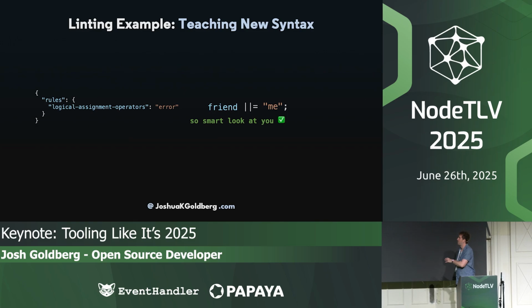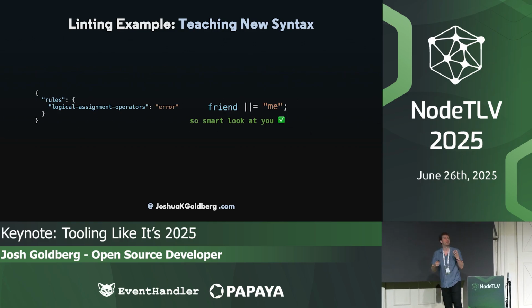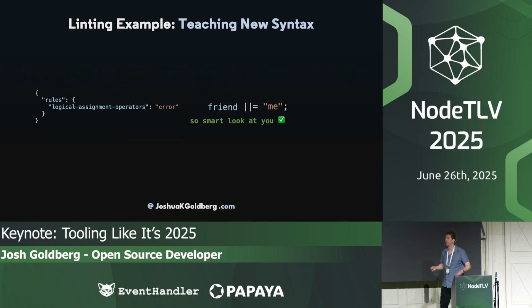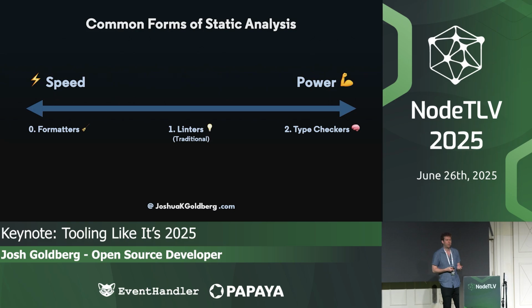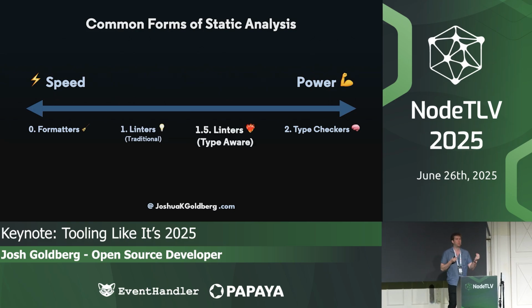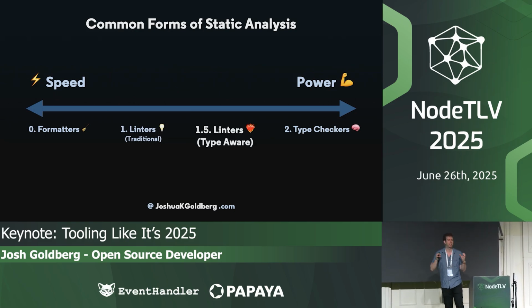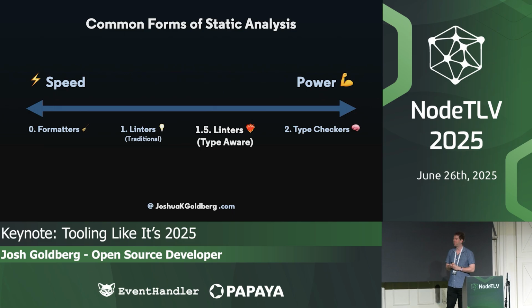But all this is syntax. I've just shown you lint rules that are based on syntax. And one file at a time syntax is nice, but we've also previously seen TypeScript with type checking. And that's more powerful. But if we could combine type checking, take the information from TypeScript and use it to inform our lint rules, we would get this awesome sort of super powerful in between the two, 1.5 linters, which is what projects like TypeScript ESLint that we work on do, and also a lot of newer linters.